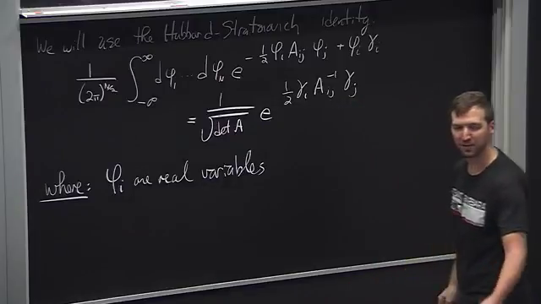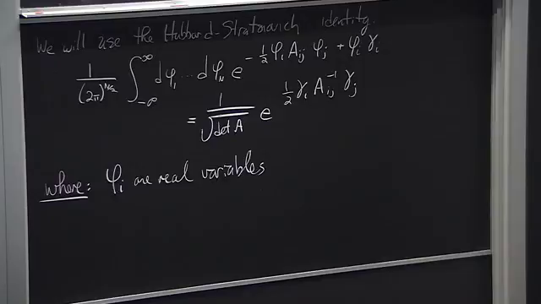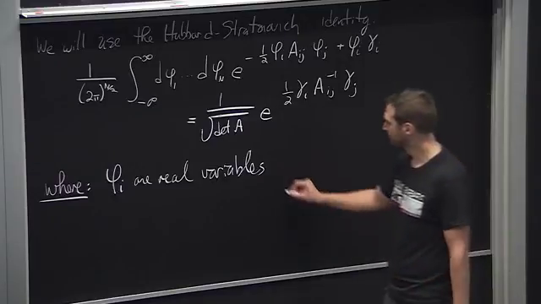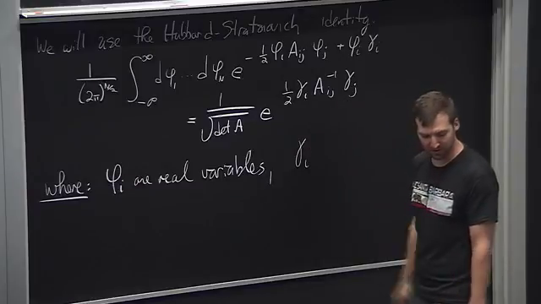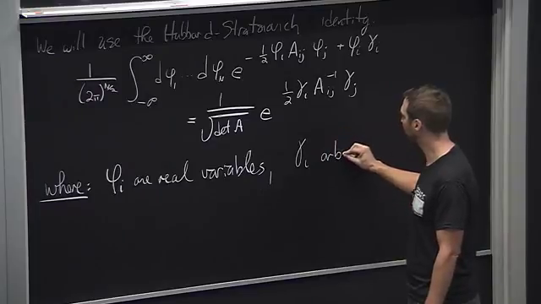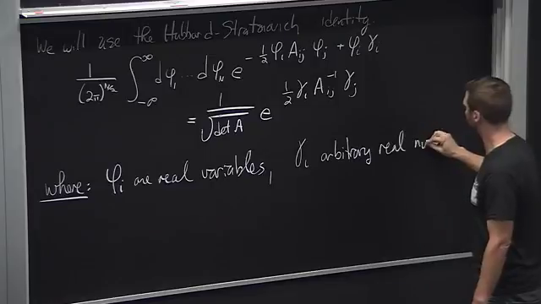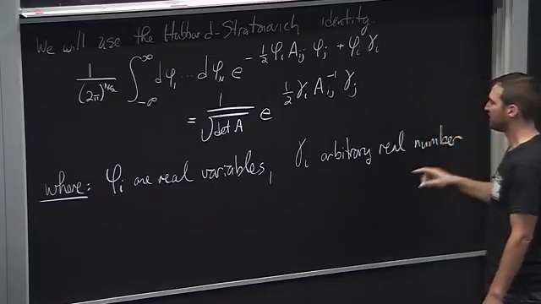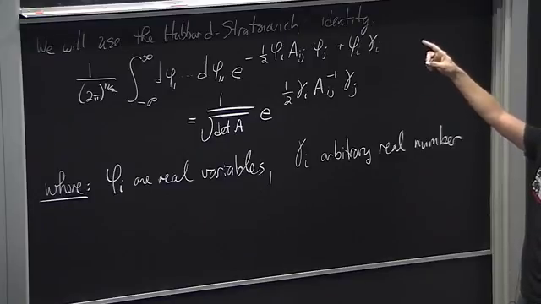the phi's are going to take the place of m in the way we're thinking. These are going to be the order parameters that have spatial dependence and fluctuate. This identity is true for general real numbers, any arbitrary real number, gamma. We're going to identify gamma with the Ising variables in that Hamiltonian.